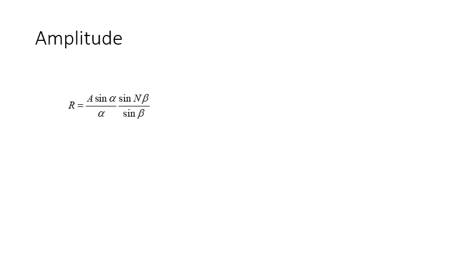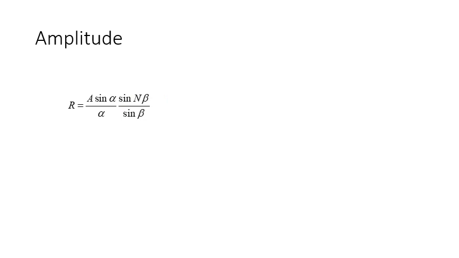And by using vector addition you can calculate the amplitude. The amplitude of a single slit, you know, is r equal to a into sine alpha divided by alpha. Here you are supposed to consider the nearer slit also, so another factor comes in, that is sine n beta divided by sine beta, where capital N is the number of slits.